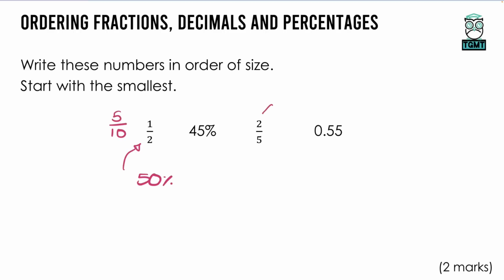For the next one, we definitely want to convert this so it's over 10, so timesing the top and bottom by 2 would give you 4 over 10, which is 40%. 0.55 is 55%, and from here we can actually order these. So looking for the smallest, we have our 40%, and writing the original piece back in the order.